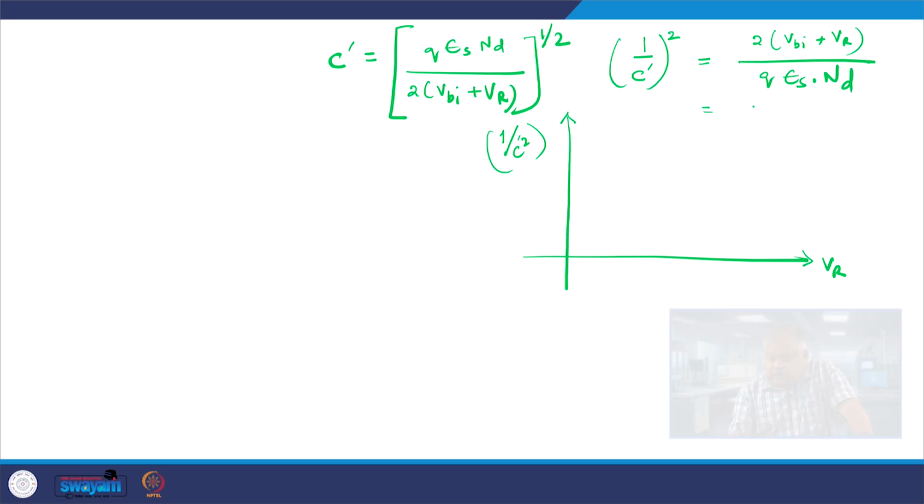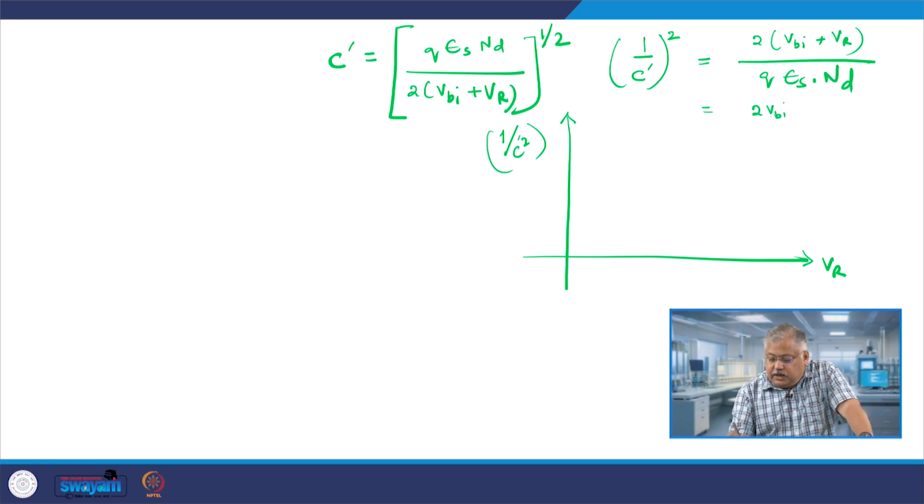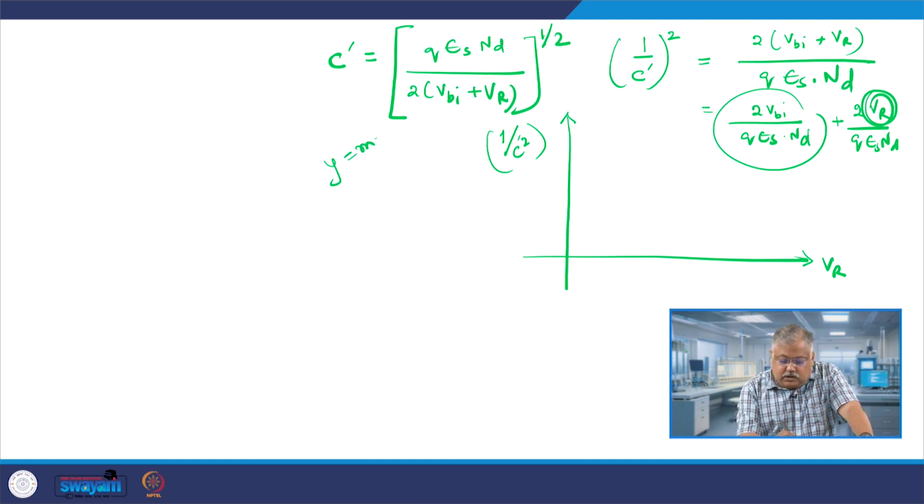One part is 2 V built in divided by Q times epsilon S times Nd, which is a constant term, and plus 2 times VR divided by Q epsilon S Nd, which depends on the value of VR. So, it is basically a y equals mx plus c sort of straight line equation which you will get, right, where the straight line cuts the y axis is the y intercept, and this is the slope of the line. From the slope of the line I can extract the value of the doping concentration.